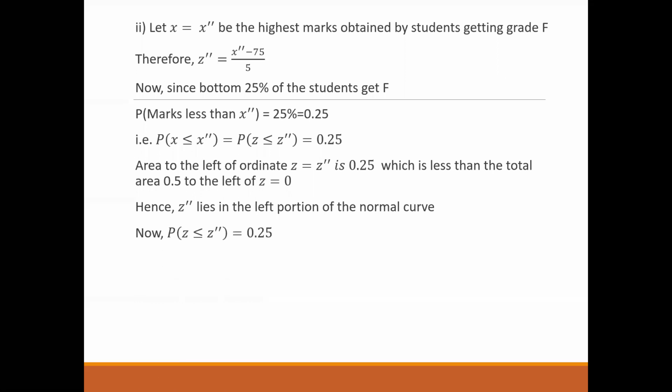Now again, if I write P(z less than or equal to z") equal to 0.25, by using symmetry I can write it like this: P(z greater than or equal to minus z") equal to 0.25. I hope you're getting it.